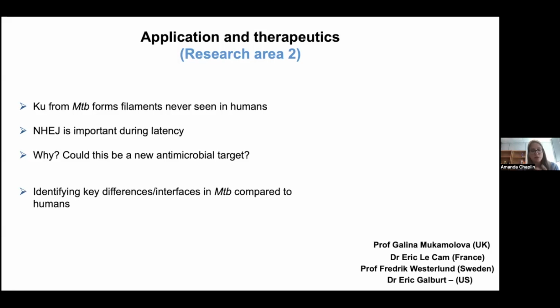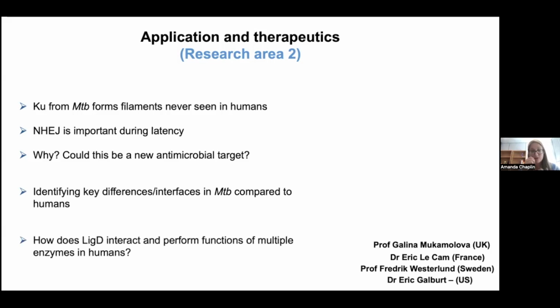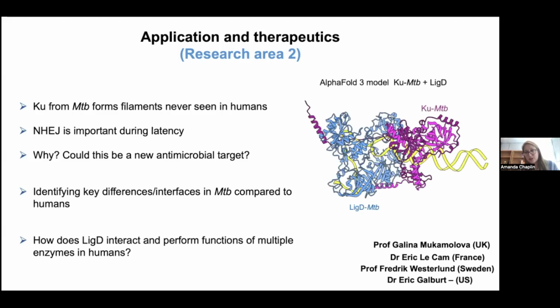We're trying to identify key differences and understand this filament further, add in different types of DNA, and start now to add in LigD. How does the LigD enzyme actually perform multiple functions that in humans are done by many different proteins? This is just the AlphaFold structure of Ku-MTB with LigD.